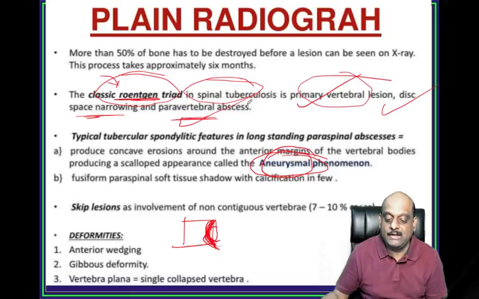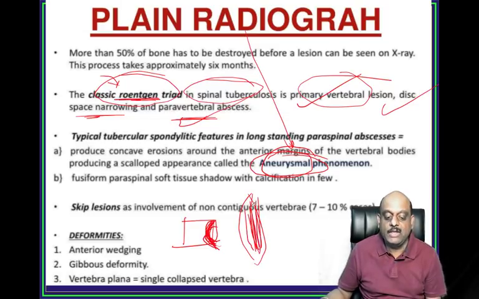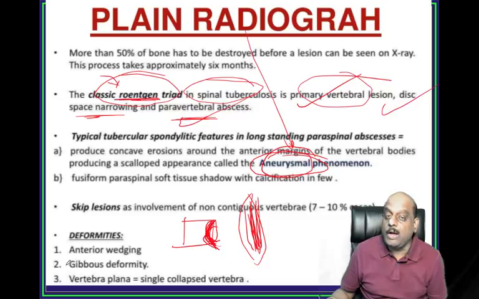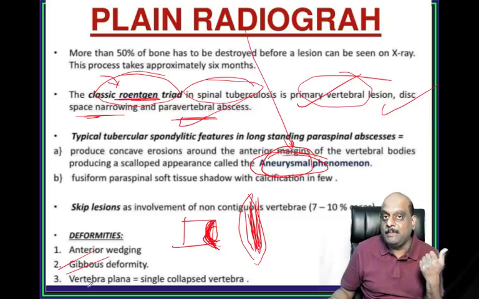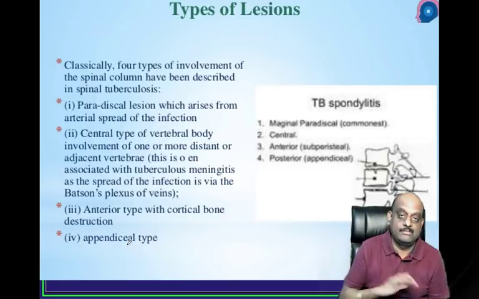Whenever you take the plain radiograph, aneurysmal sign. Then the paraspinal abscess will be fusiform in shape is what you should remember. So anterior wedging, gibbous deformity, vertebra plana, all these things should remind you of TB.